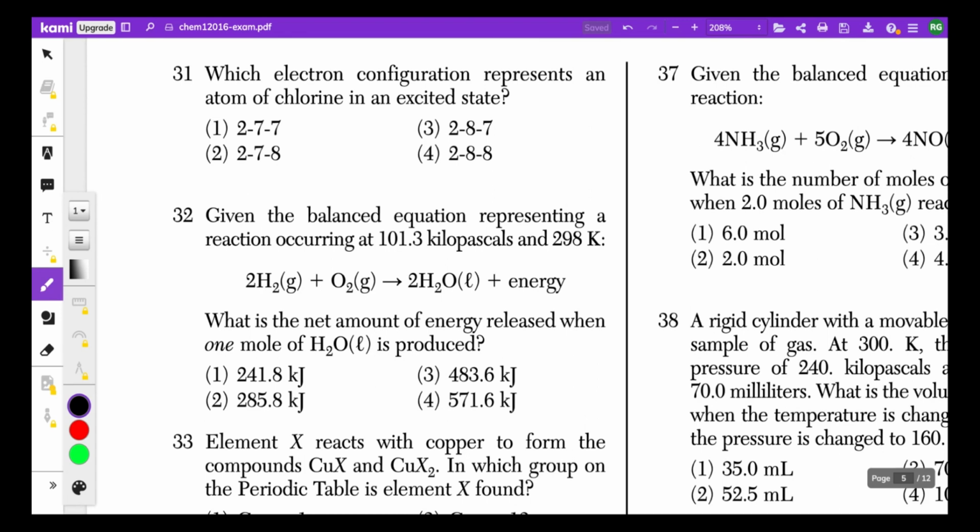So which electron configuration represents an atom of chlorine in an excited state? Now, atoms reach an excited state when an electron moves from one energy level to a higher energy level, a higher shell.